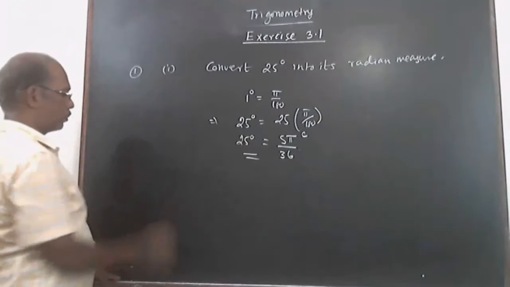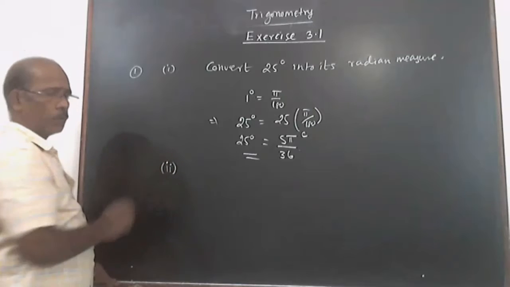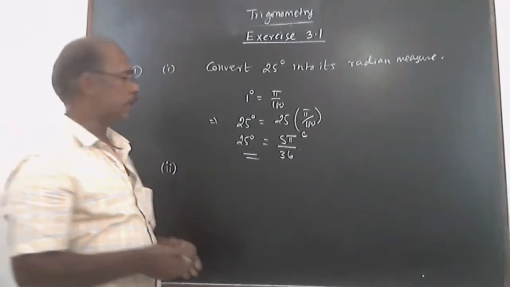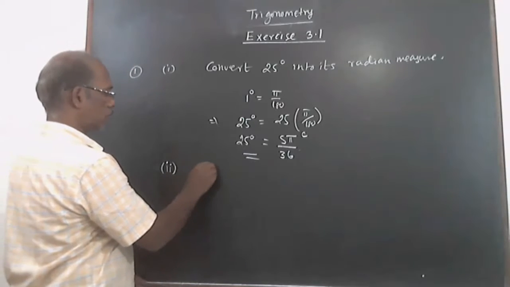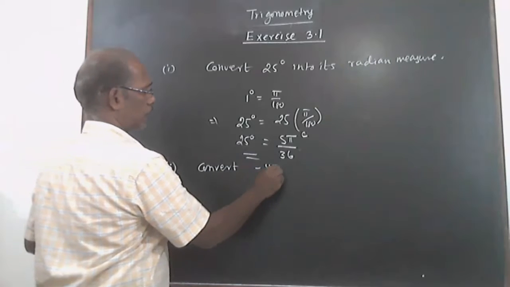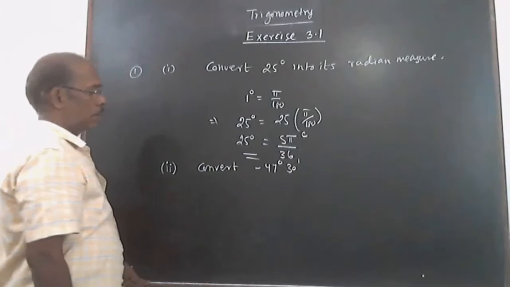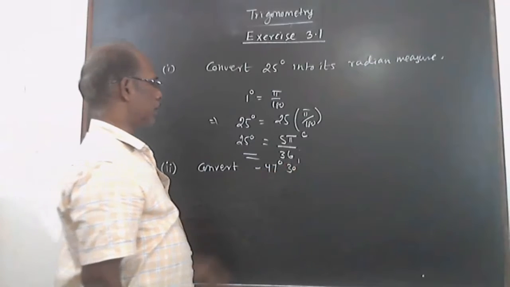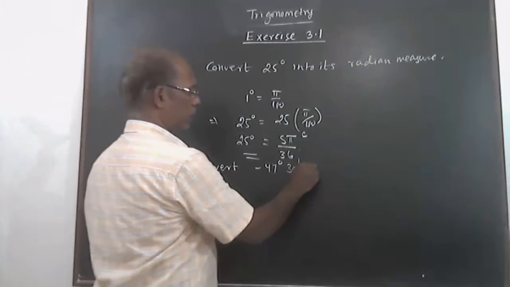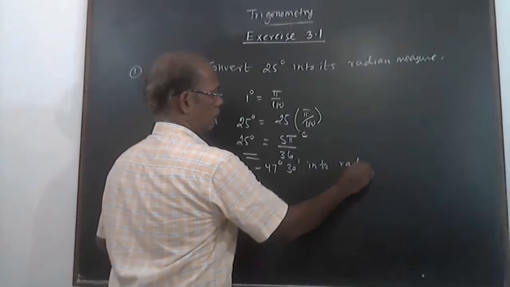This is subdivision 1. In the same question, subdivision 2: convert minus 47 degree 30 minutes. The entire angle is a negative angle, into radian measure.